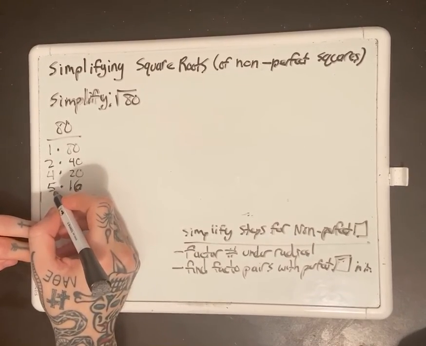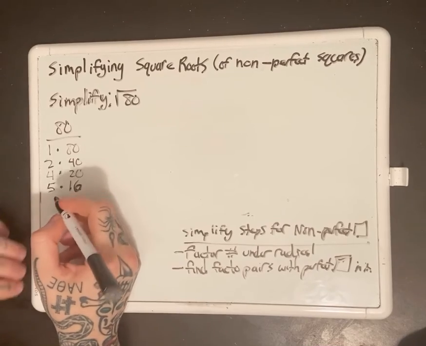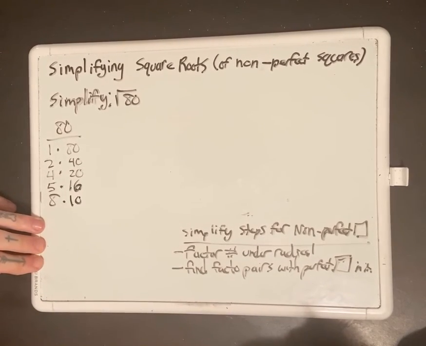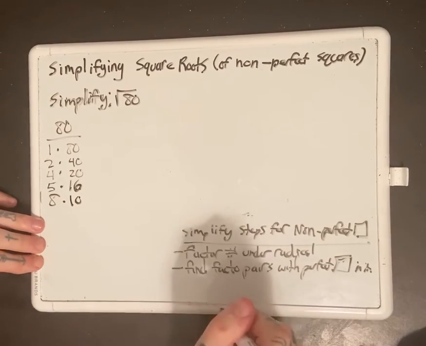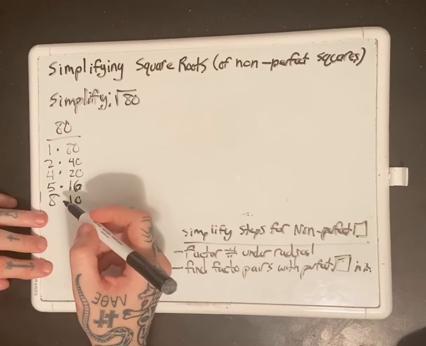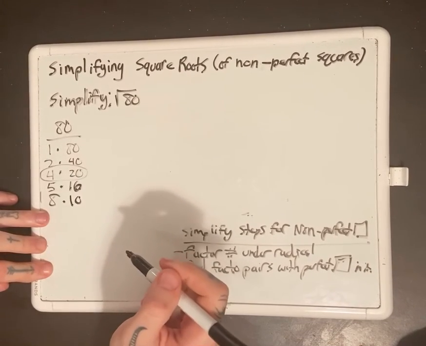6, no. 7, no. 8 and 10. All right, I believe these are all of them, but it's late. So which one of these has perfect squares in them? We have 4 and 20.